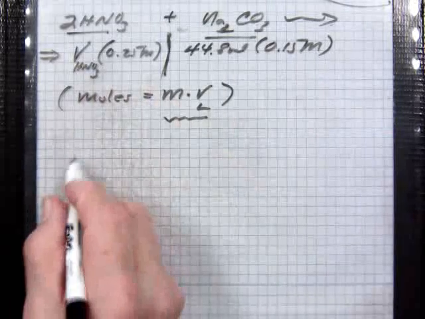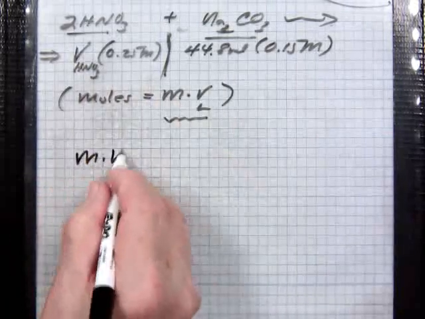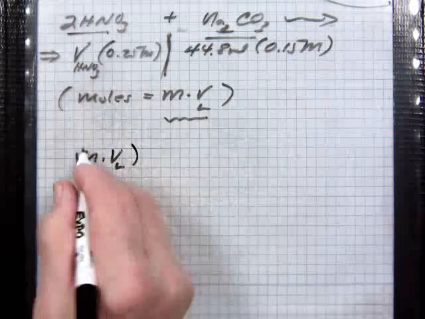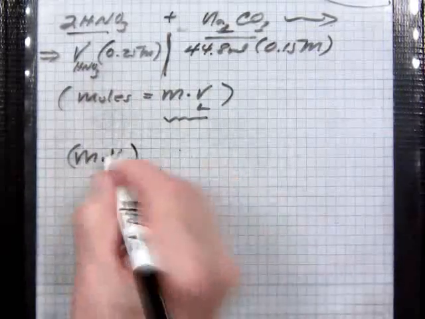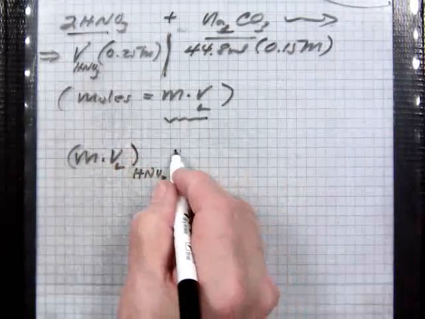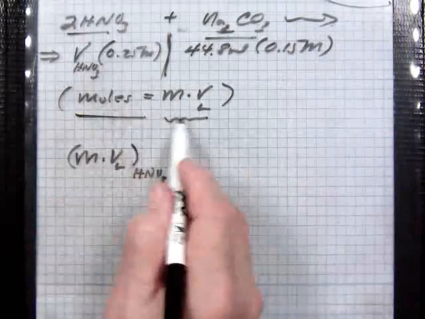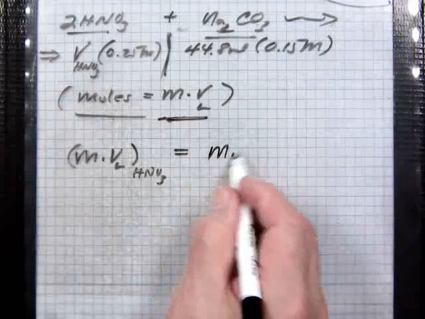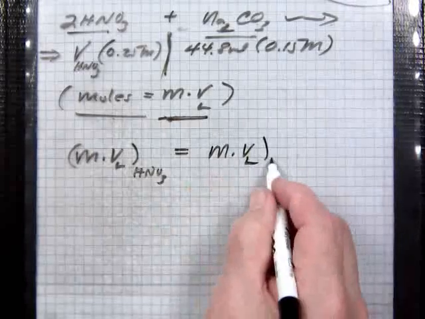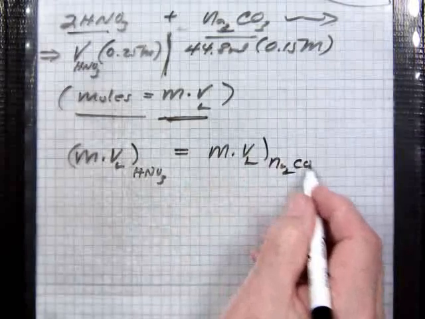I'll show you. Molarity times volume, expressed in liters if you want to do that, HNO3 is moles of the carbonate, right? That's what I said. Here it is right here. Moles of nitric acid.